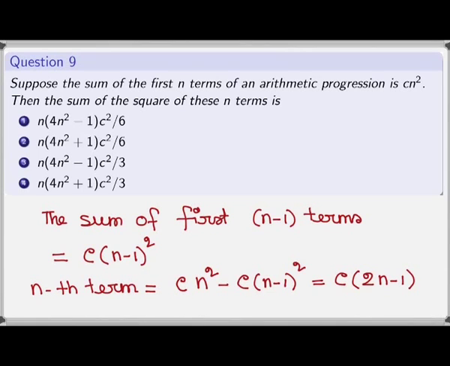So, we know what is the nth term of this arithmetic progression, that is c into 2n minus 1. Let us call the rth term of this progression by AR.